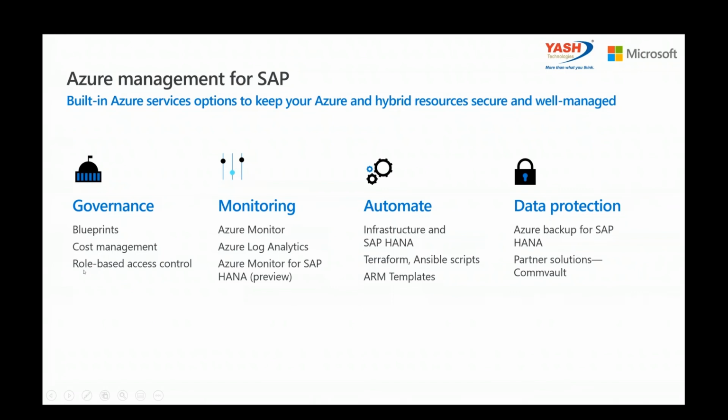We do have control for identity and access management through RBAC. There are monitoring solutions, and right now there's an Azure Monitor solution specifically for SAP HANA, which is still in public preview. And this is so that you can have full observability into your infrastructure environment.